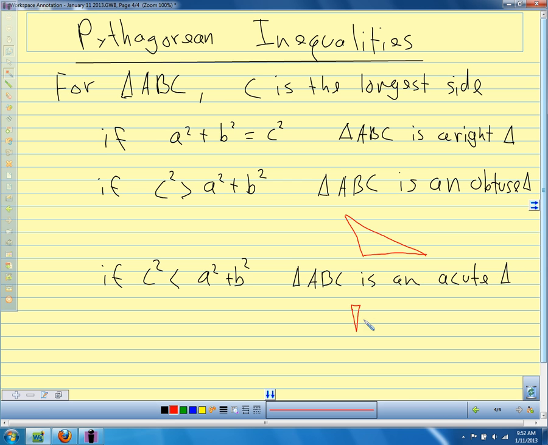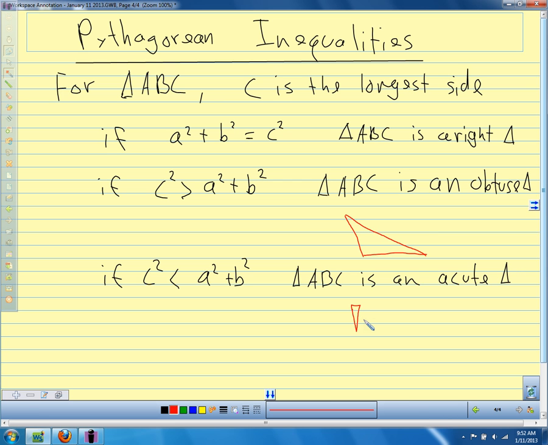And the way I think of this one is I use my hands. If c squared equals a squared plus b squared, my hands are at a 90 degree angle, I have a right triangle. If c squared is bigger, my hands open up further, and I have an obtuse triangle. If c squared is smaller, I open my hands up less, and I have an acute triangle.